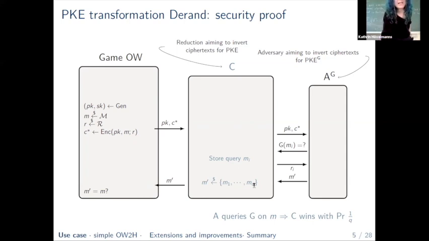And if A has queried the random oracle on the challenge plaintext, this means that it must be included in this list, and hence C will win with probability 1/Q. And as the final result, we get that the advantage of A against the derandomized scheme can be upper bounded in terms of the first reduction that just forwarded A's guess, plus Q times the advantage of the second reduction.